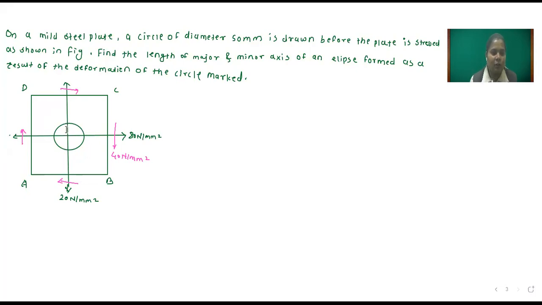After application of loading, deformation will occur in that particular member. This deformation indicates the shape of this circular shaft will change to elliptical form, and we have to find out whether the diameter of this ellipse is increased or reduced. So this is the question.